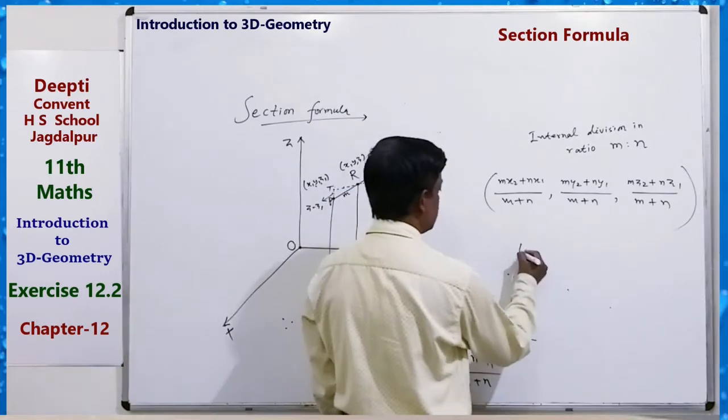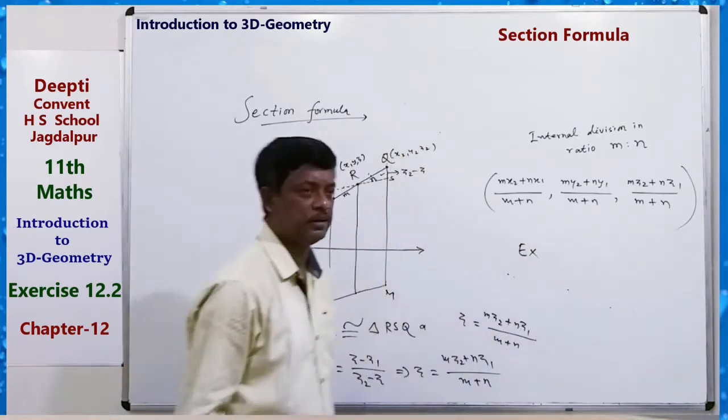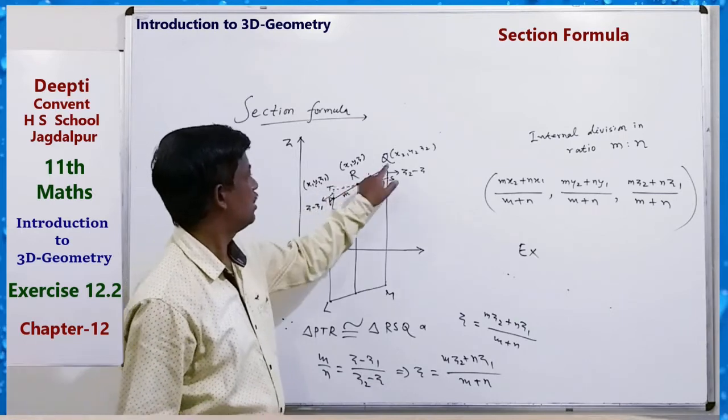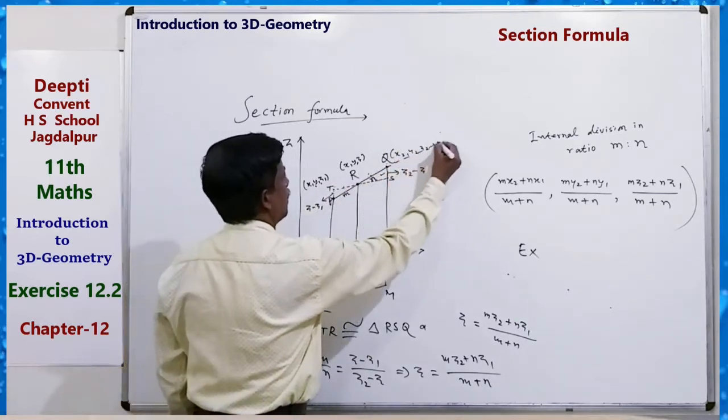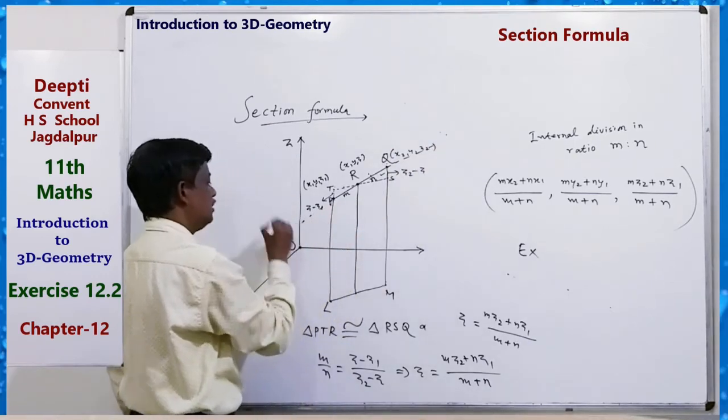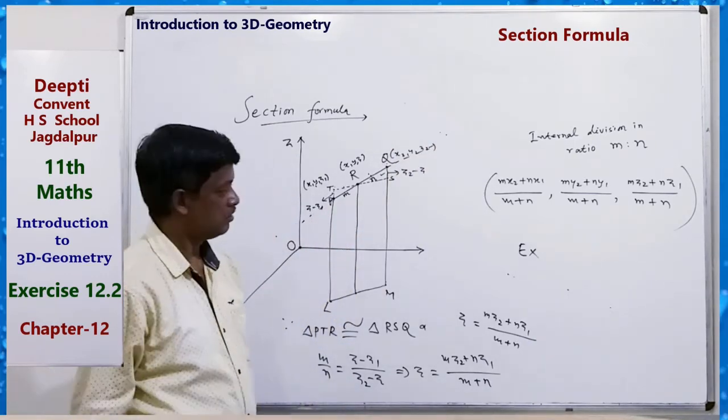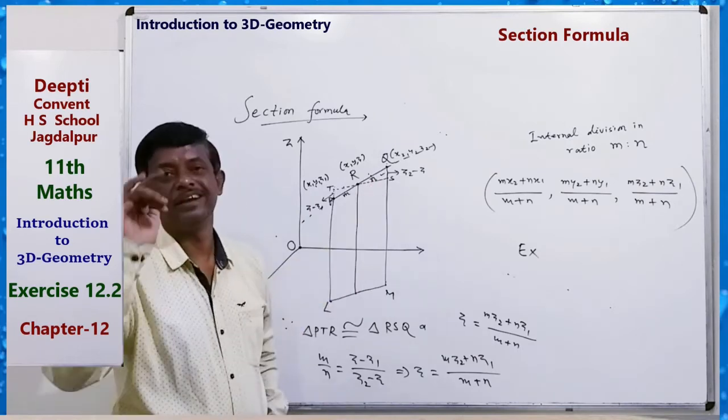And for external division, if we take the point on the external side, either here or here, then n will be negative.